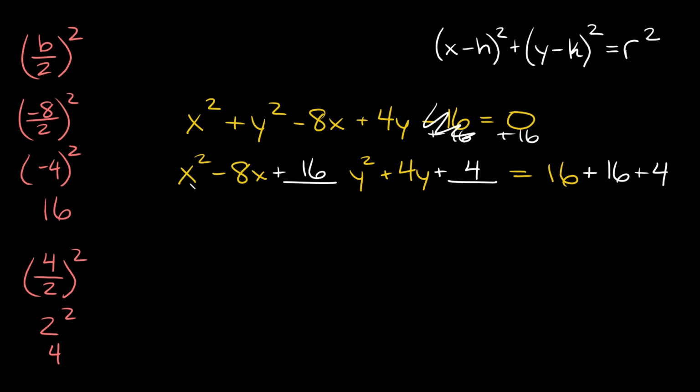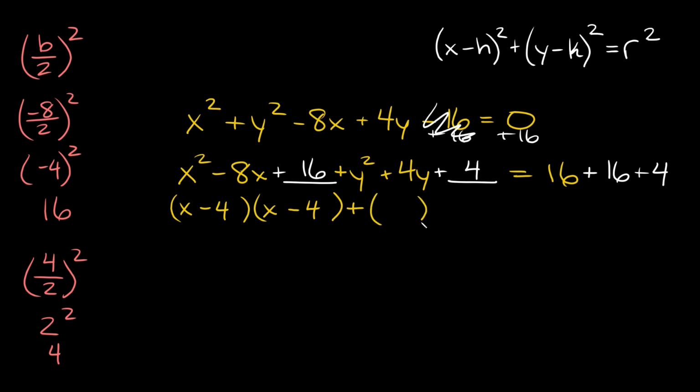So let's factor this first trinomial right here. So we're going to have, let's see, x squared is x times x, and then two numbers that multiply to 16 but add up to -8. That would be -4 and -4. Okay, and then, sorry, I forgot a plus sign right here. So then we're going to say plus, and then we're going to break down this trinomial, right?